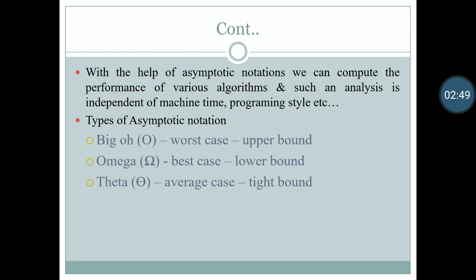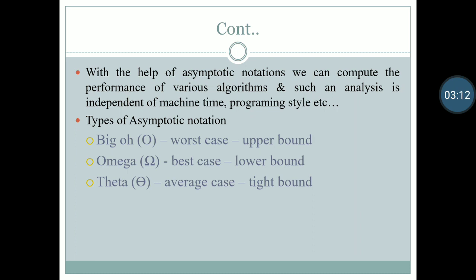With the help of asymptotic notation, we can compute the performance of various algorithms, and such an analysis is independent of machine time, programming style, etc. So this analysis does not depend on machine time and programming style.